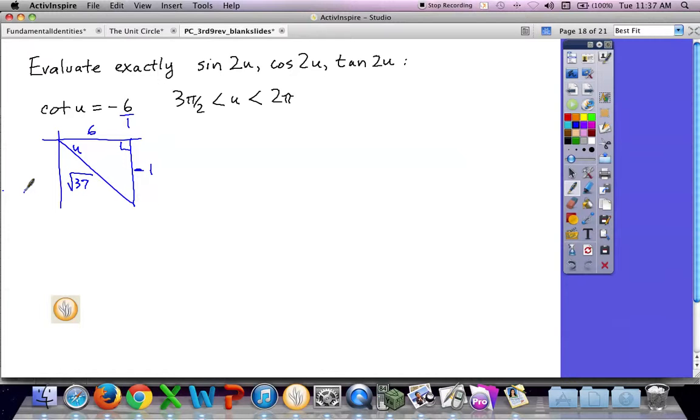Okay, now we have formulas for the sine of 2u and the cosine of 2u and the tangent of 2u, right? And they are all in terms of sine of u and cosine of u. So we can read those off of our triangle now. So the sine of 2u should be 2 times -1 over the square root of 37, times the cosine of u, which is 6 over the square root of 37.